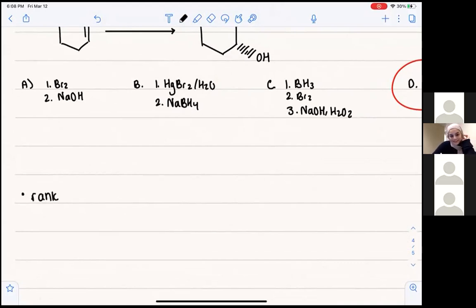So rank in order of increasing stability.